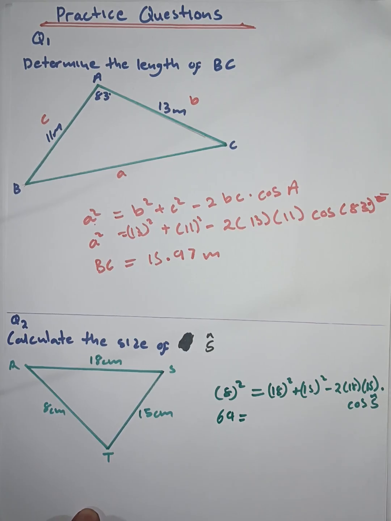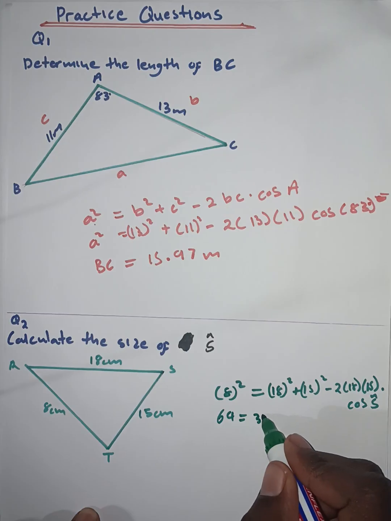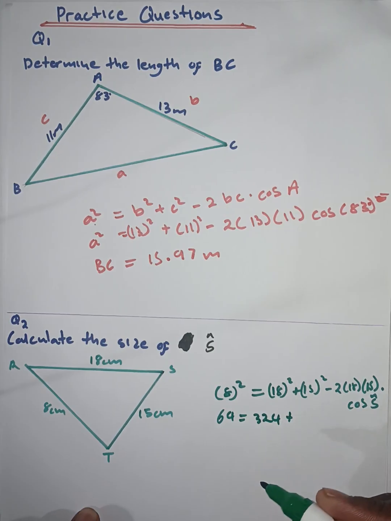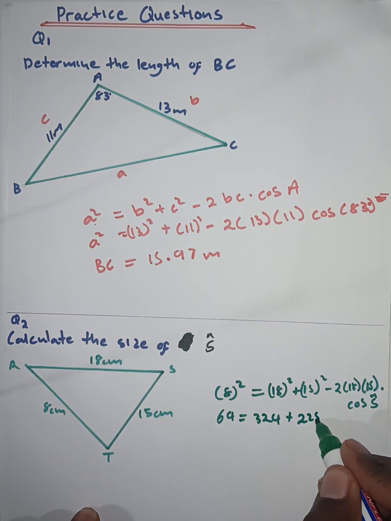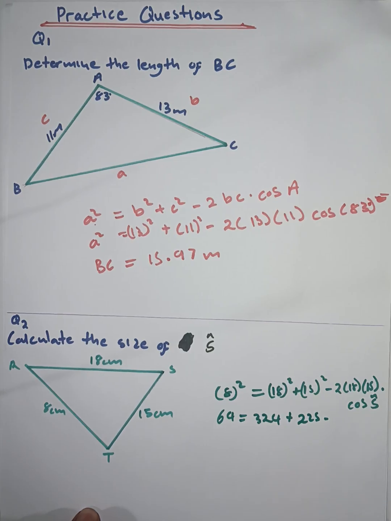And 18 squared is 324, so this is 324 plus 15 squared, that's 225, minus 2 multiplied by 18 multiplied by 15. I think what you get there is 540, multiplied by cos of s.